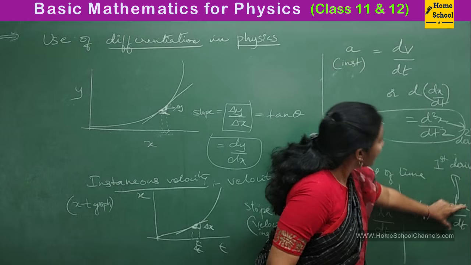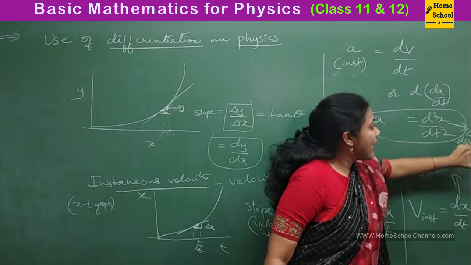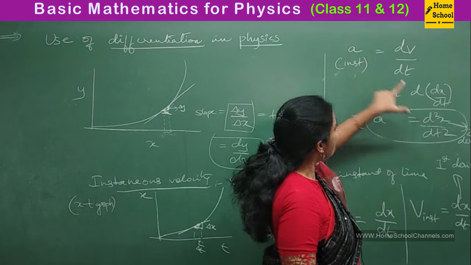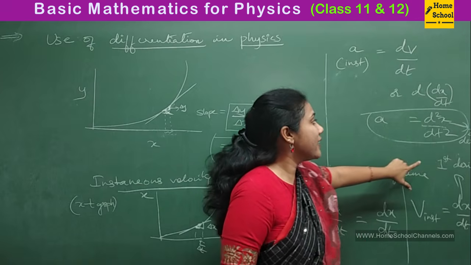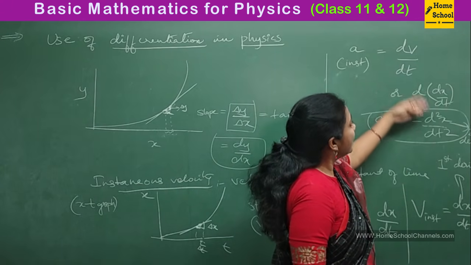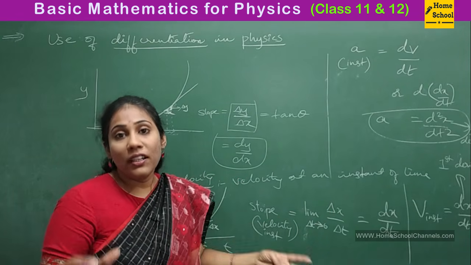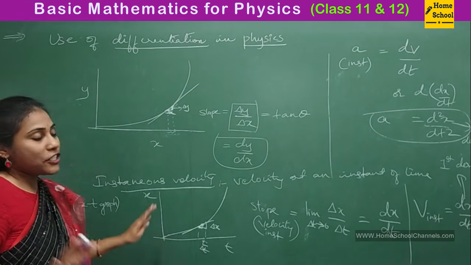And here we have differentiated 2 times, so we call this the second derivative. So acceleration in terms of differentiation, you can define it this way or this way. These are the different formulas, and we will use them for solving problems. So this is where differentiation is helpful.